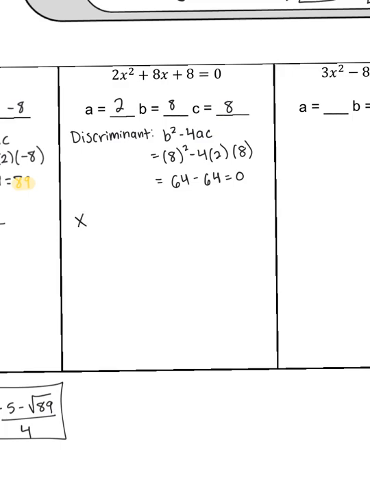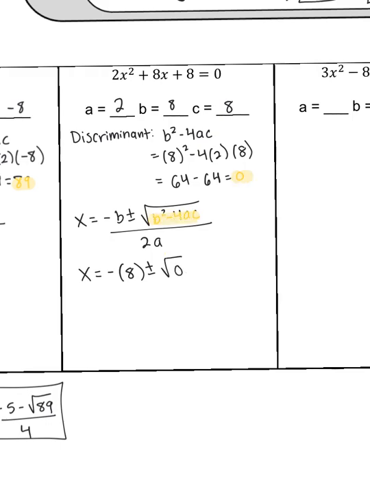So I'm going to write out my original equation: opposite of b plus or minus the square root of b squared minus 4ac, all over 2a, and I'm going to substitute. Opposite of b, if b is positive 8 in my formula, it's negative 8, plus or minus. Remember that this number is now going under the radical.